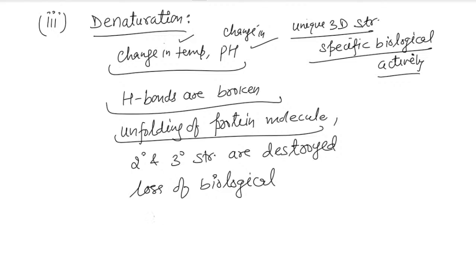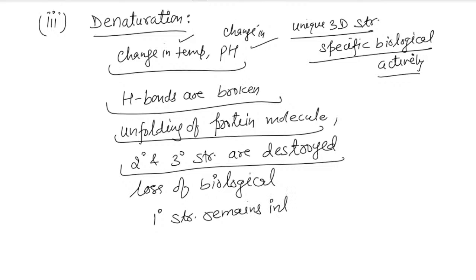But keep in mind, during denaturation, secondary and tertiary structures are destroyed, but the primary structure, the sequence of alpha amino acids, remains intact. That means peptide linkage will not break.